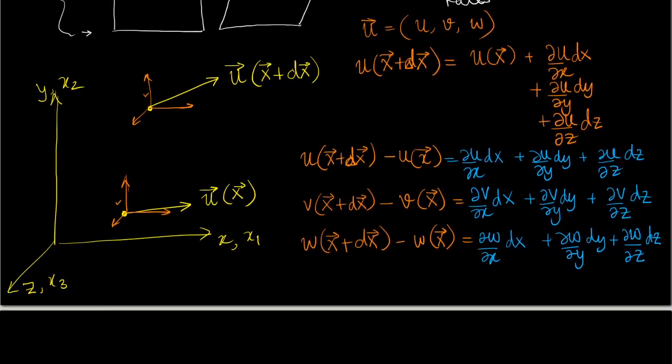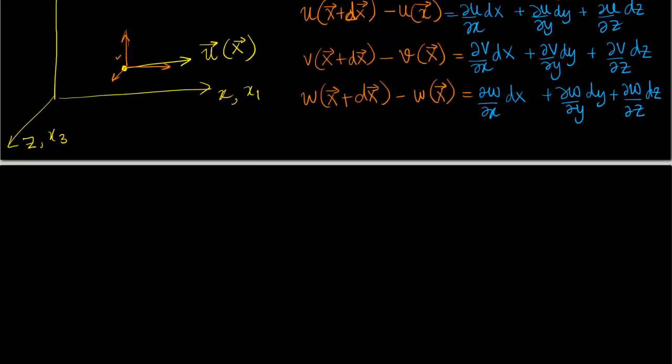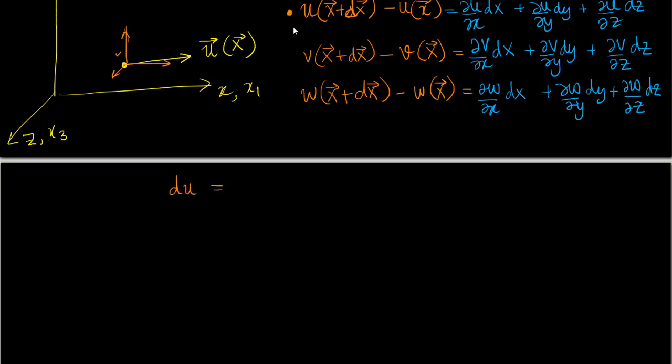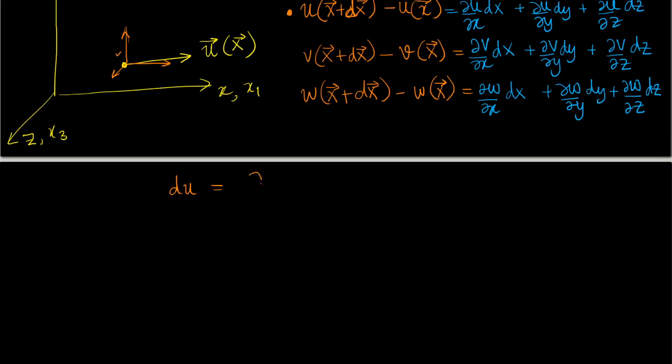With this in mind, we can write everything in a short form notation. So du, which is the difference in the u component, which is this particular term, can be written as del u del xi dxi, where we have used the Einstein summation notation.